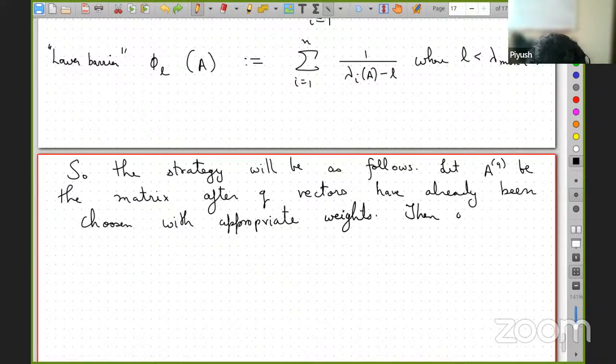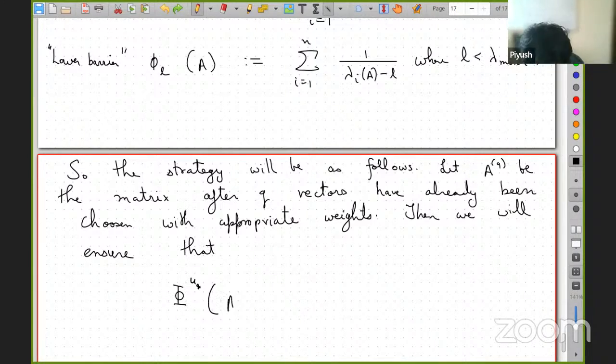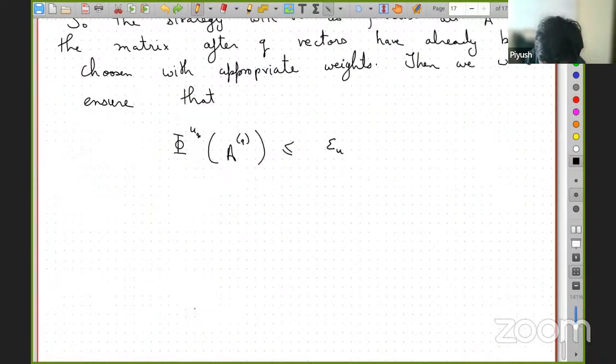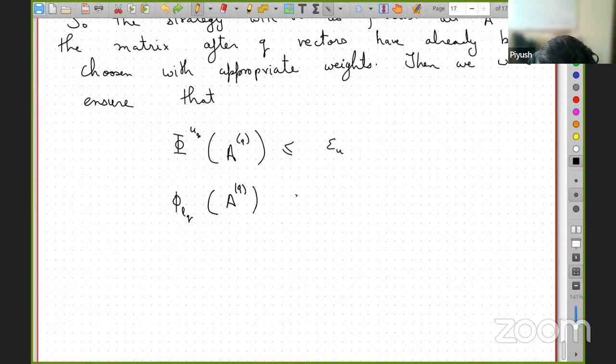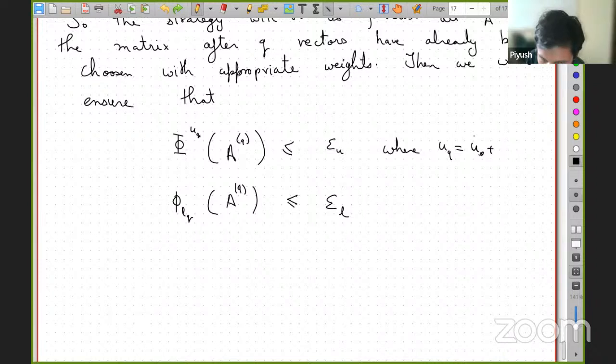Then we will ensure that phi upper of A_q is less than some epsilon_U, and phi lower of A_q is also less than some epsilon_L, where this u_q will just be the initial u plus q minus 1 times delta_U.